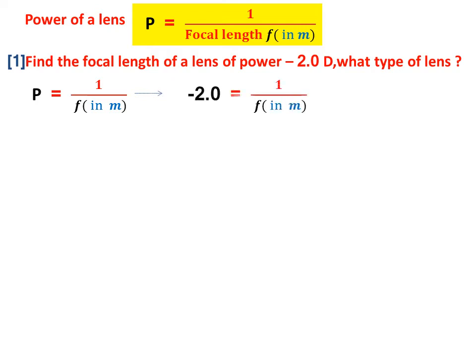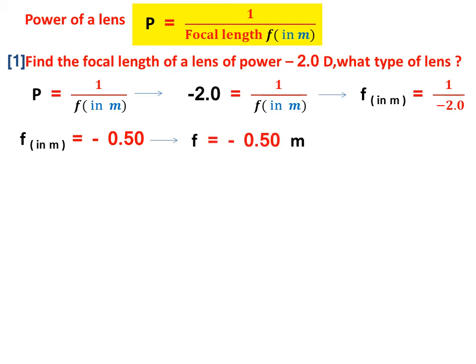So minus 2 is equal to 1 upon f, and we can say f is equal to 1 upon minus 2, so f is equal to minus 0.5 meter, or f is equal to minus 50 centimeter.